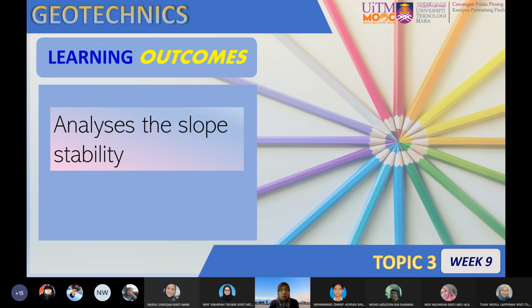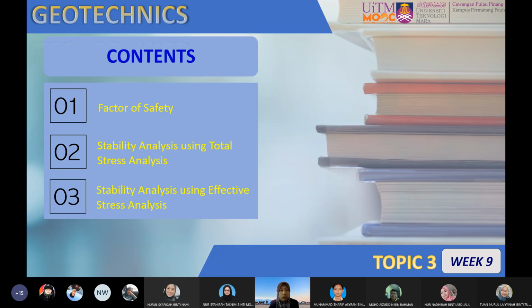As the outcome of this subtopic's learning, what I expect from you is that you are able to analyze the slope stability. These are the contents of the subtopic for this week: definitions on factor of safety, the stability analysis using total stress analysis, and the stability analysis using effective stress analysis.